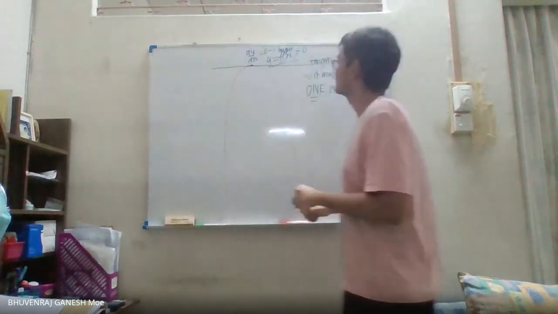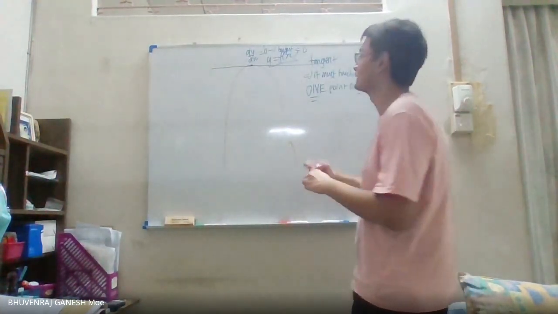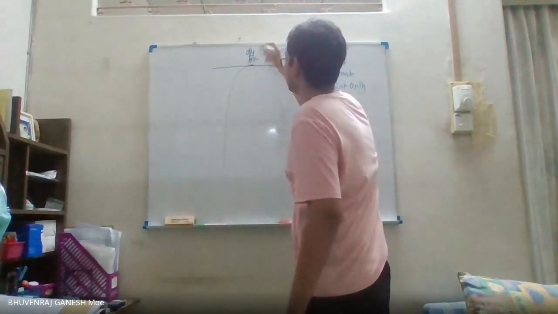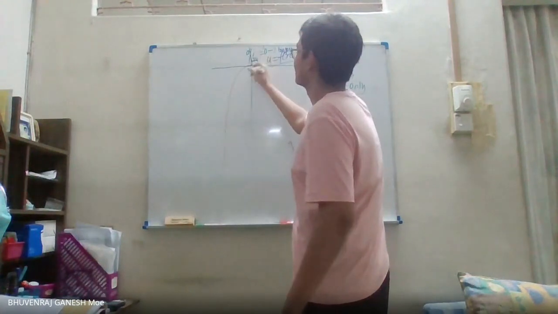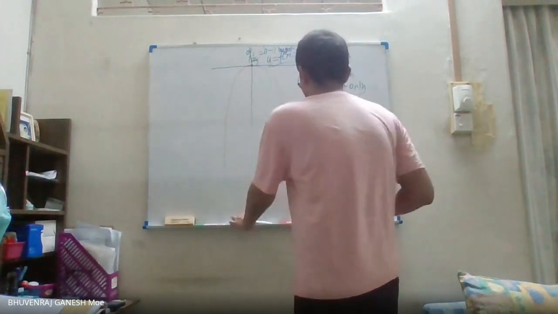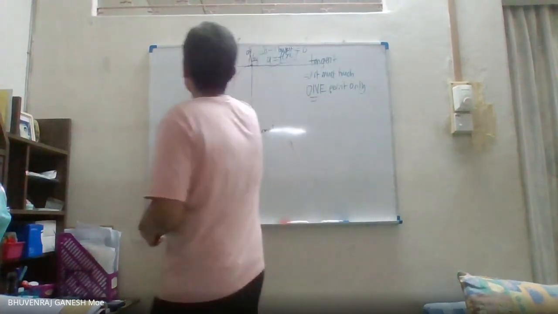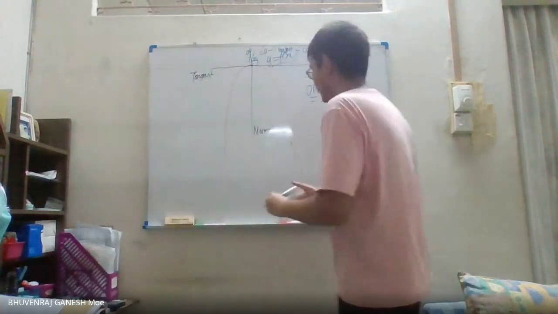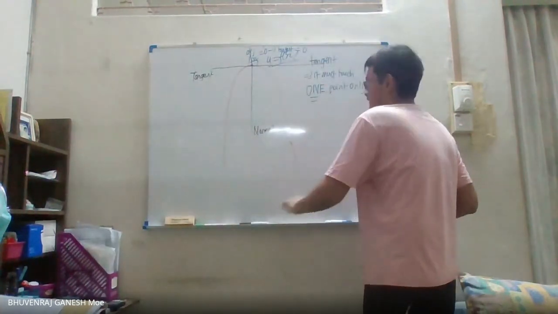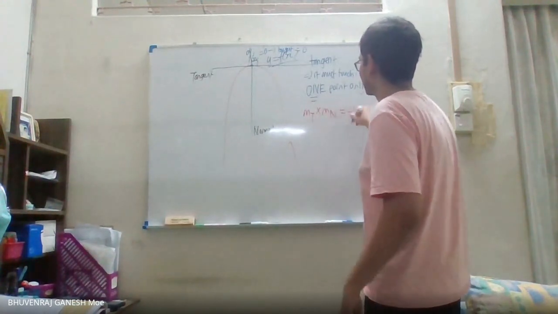Tangent goes like this, and then the normal will always be 90 degrees to the tangent, according to the theory. So it goes down like this, 90 degrees. This is your normal, and this is your tangent. The formula between tangent and normal is m tangent times m normal is -1.